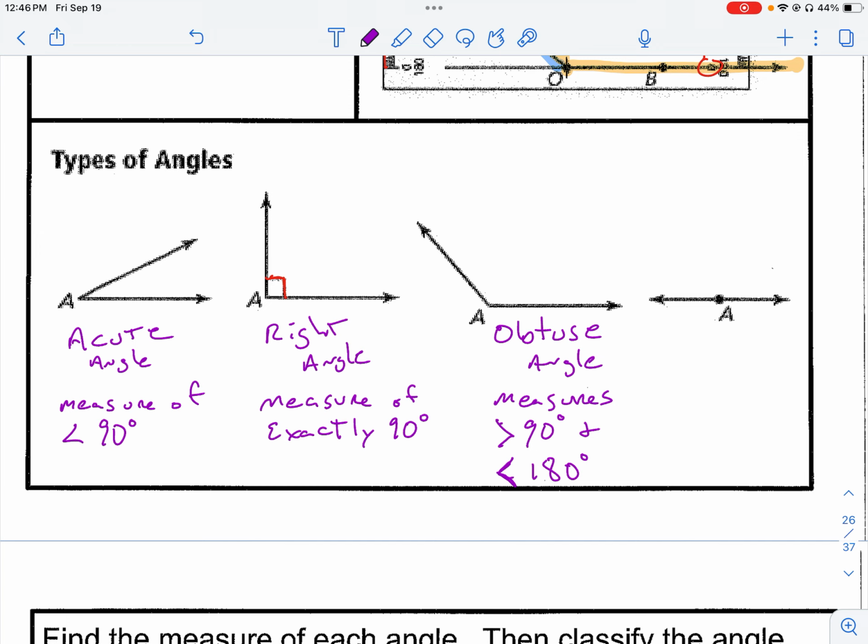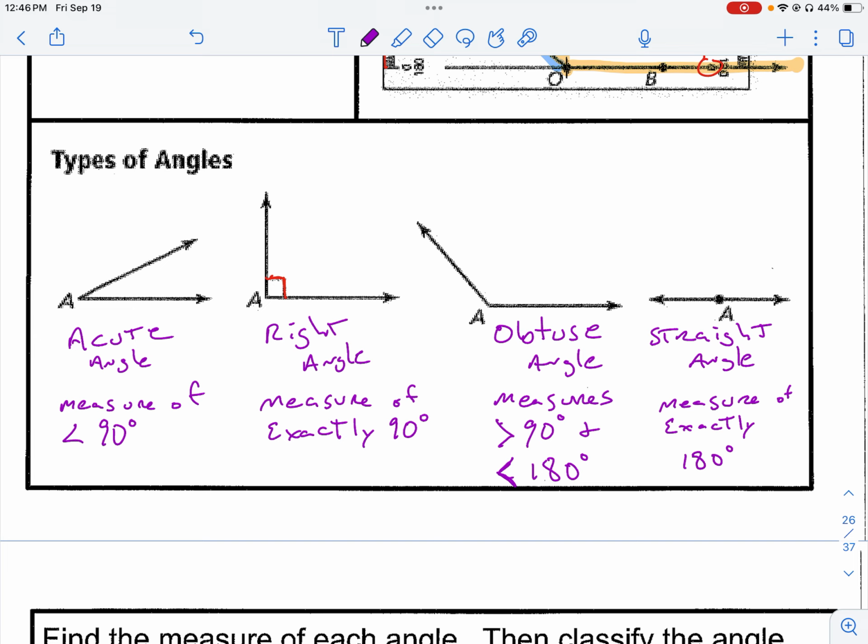A straight angle has a measure of exactly 180 degrees. So all lines have 180 degrees of measure on them in regard to the angles. This will become important in some of our work that'll come up a little later.